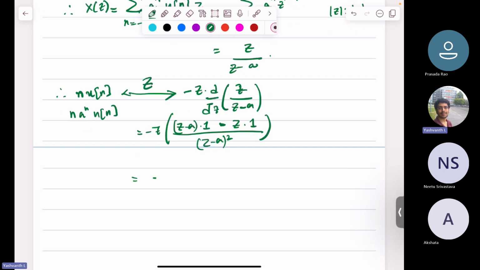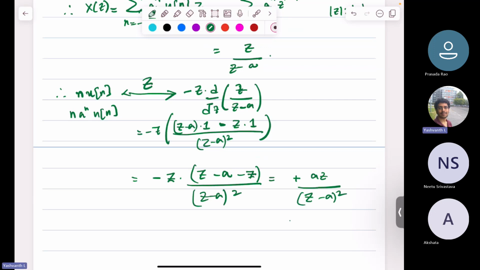This is the same as minus z into z minus a minus z by z minus a the whole square, which is plus az by z minus a the whole square. Okay, that's all. ROC is the same. So that was the first problem. You just have to use the properties of Z transform.